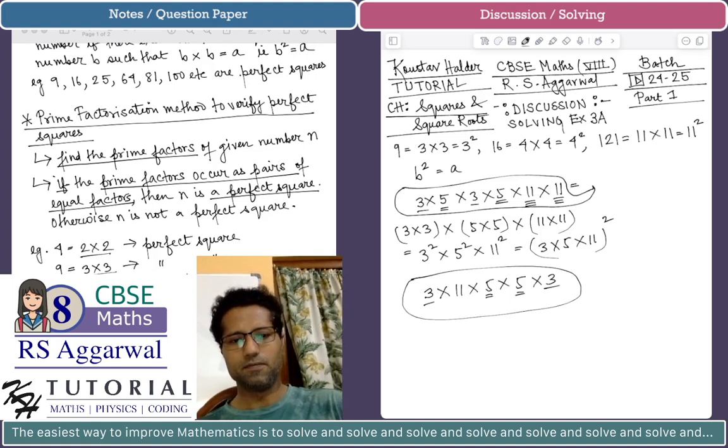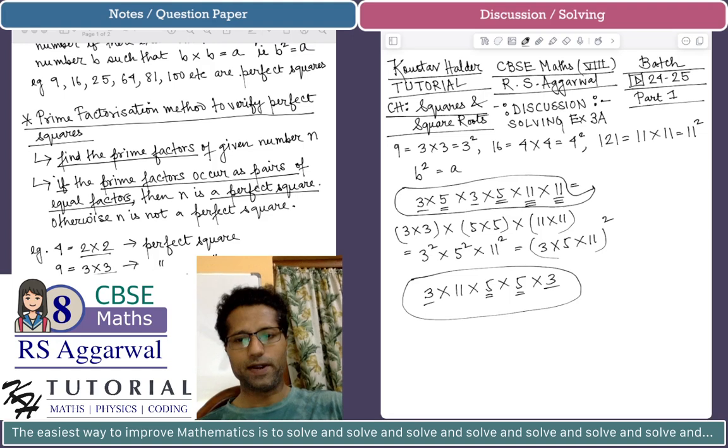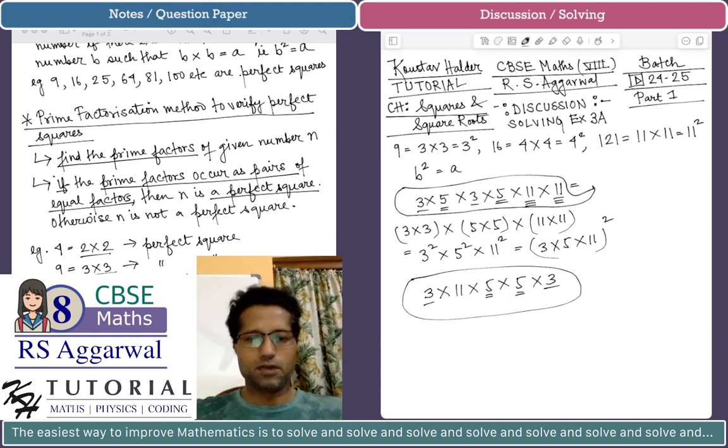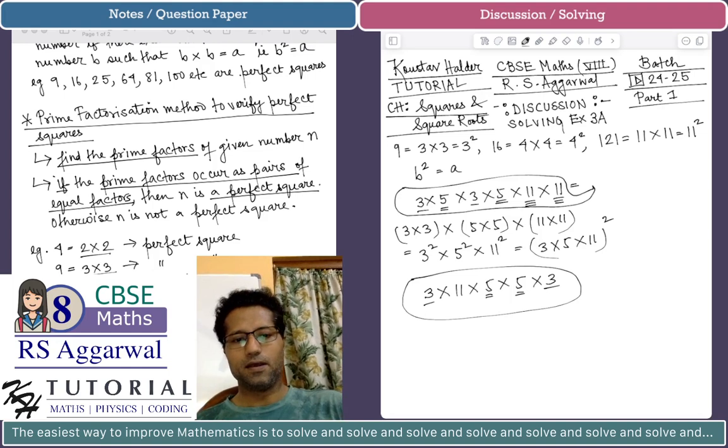4 is a perfect square because its prime factors are 2 into 2. So we have a single pair of equal factors, 2 and 2. Similarly, 9 is 3 into 3. 18 is 3 into 3 into 2. It is not a perfect square because we have a single pair, 3 into 3, and the prime factor 2 is left behind.